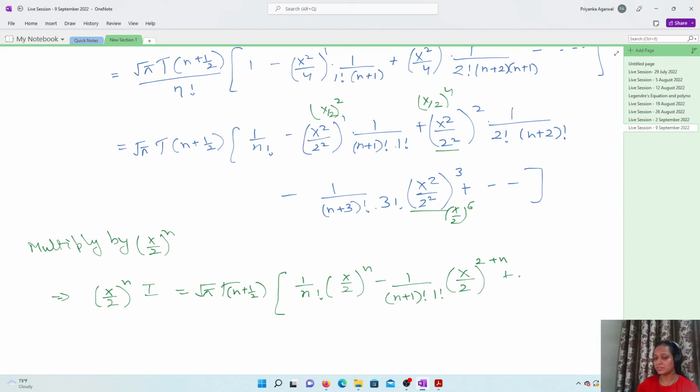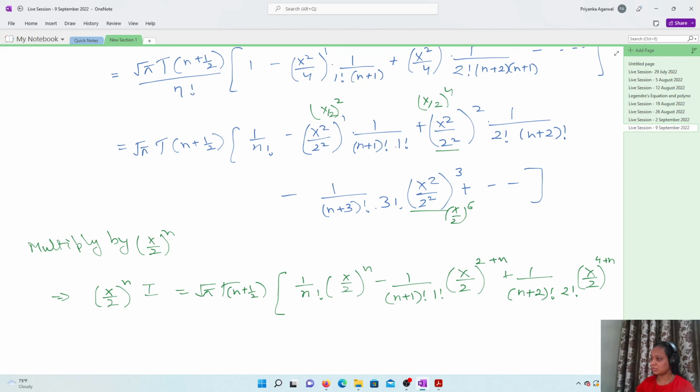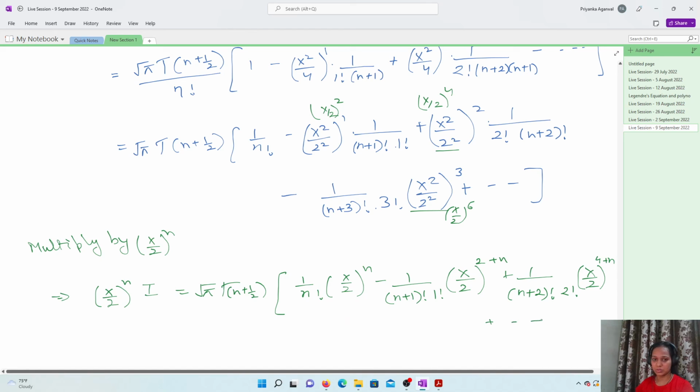Basically we are trying to bring it into Bessel function form. Then 1 over n plus 2 factorial 2 factorial x by 2 to the power, this becomes 4 plus n. So this is becoming multiples of 2 and so on.